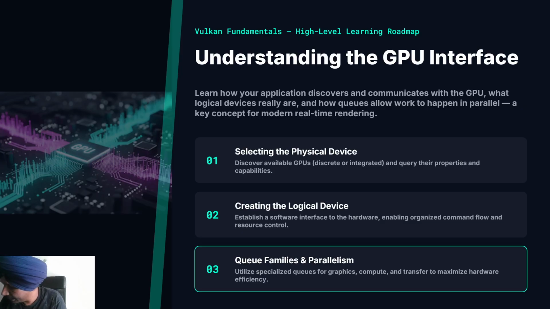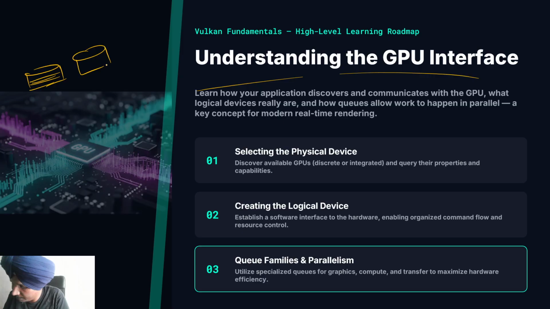Now, understanding the GPU interface. In this particular topic, once we have set up the Vulkan API, or Vulkan instance, we have a GPU. Okay, now in our machine there could be multiple GPUs.